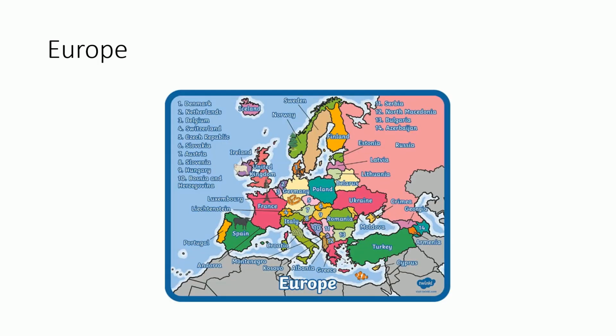Next, in terms of what regions students will study in their study of the Eastern Hemisphere, the first is typically Europe. Europe is a radically diverse region of the world. There are dozens of countries that exist within the European continent.